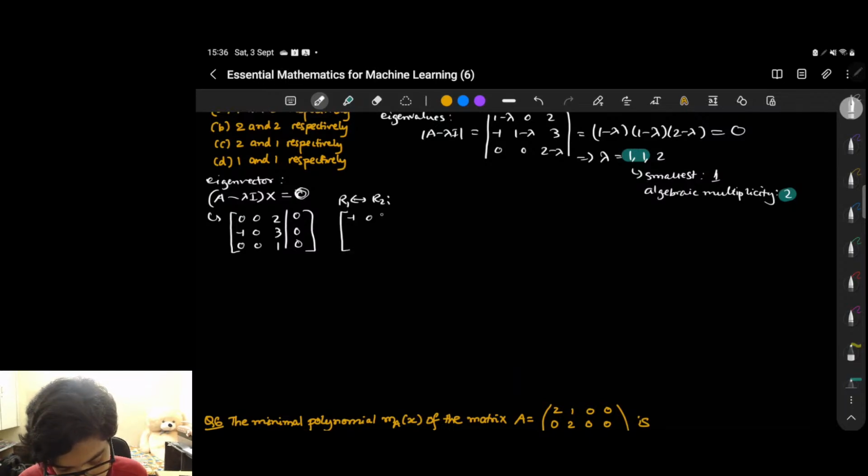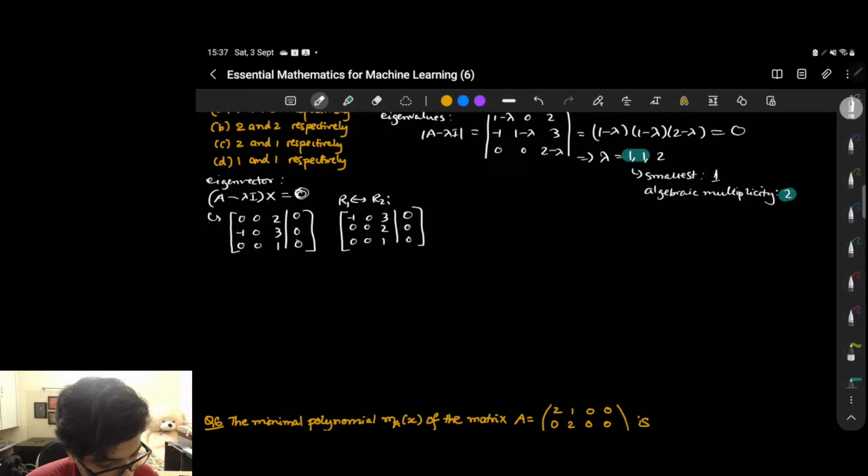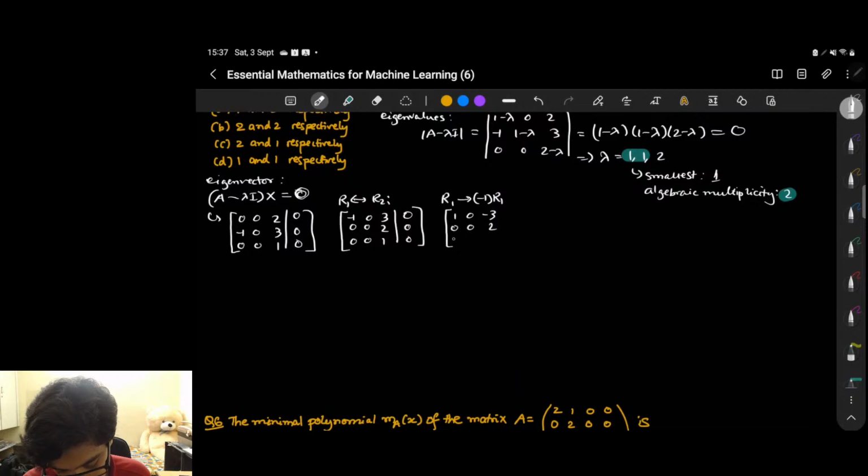So this gives me the following. Next, let us make this leading coefficient 1. And then let R3 go to R3 minus half R2.